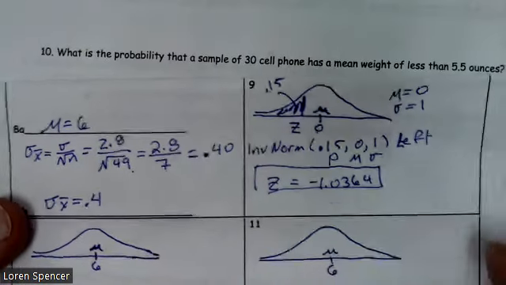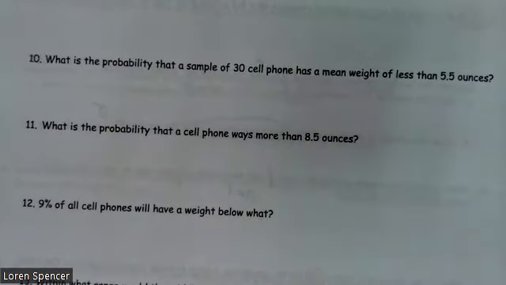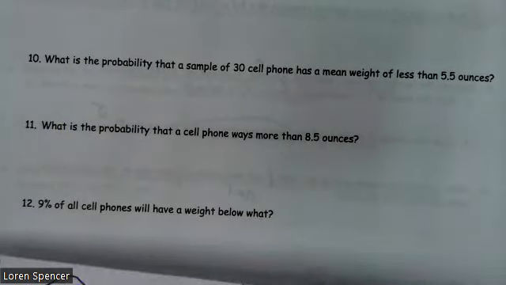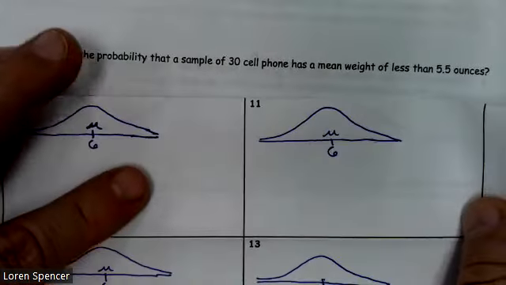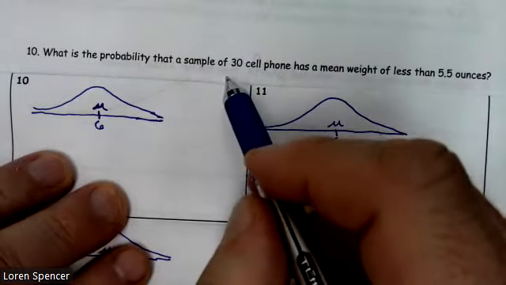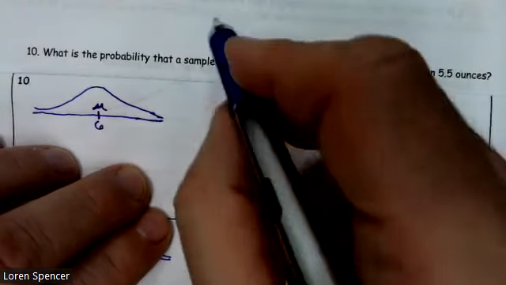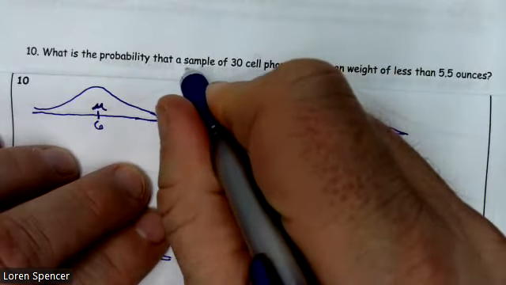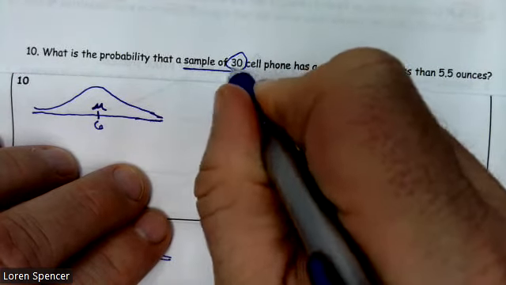Number 10, what is the probability that a random sample of 30 cell phones has a mean weight of less than 5.5? Doesn't mention anything about percent, so it's not an inverse norm. So it either has to be a z-test or a NormCDF, but we have a sample of size 30.